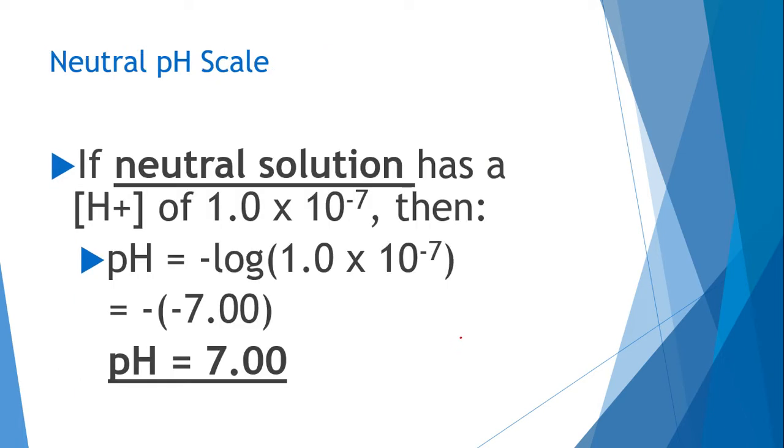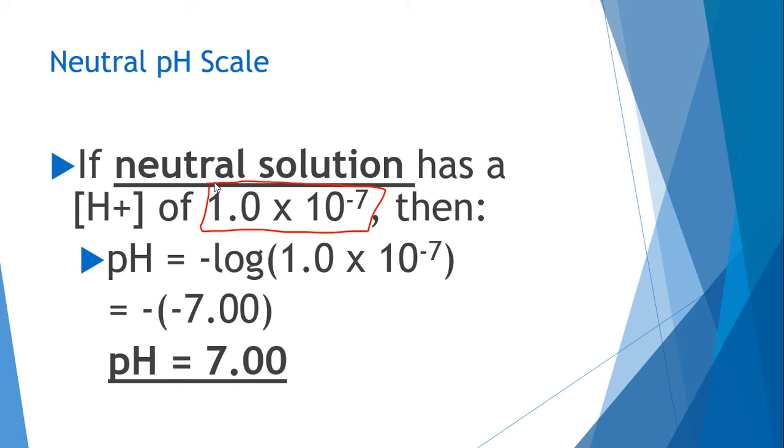Now that I've talked about what the pH scale and the pOH scale are, let's talk about them in terms of whether a solution is neutral, acidic, or basic. A neutral solution is one that has hydrogen ions equal to 1.0 times 10 to the negative 7th. This value was one of the multiple choice questions on your last homework assignment, and we wrote it in your notes. That is a value that you should know.